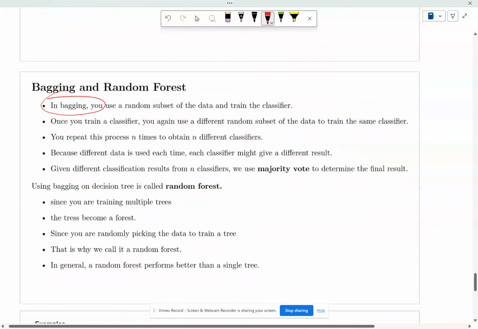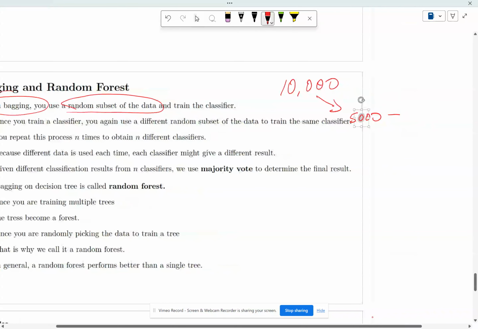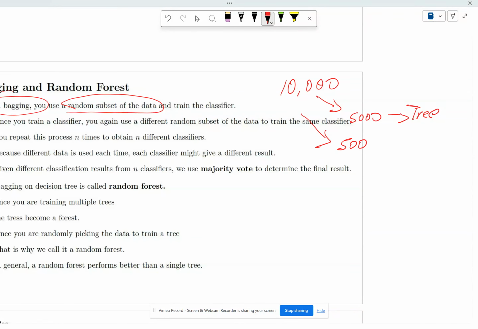In bagging, you use a random subset of the data. So imagine if you have like 10,000, right? And instead of 10,000, you maybe pick 5,000 randomly. You just pick 5,000, and then you train a decision tree. Now you pick another 5,000.